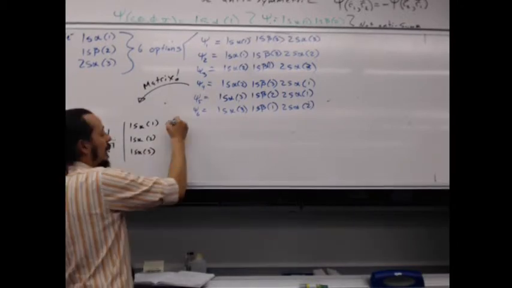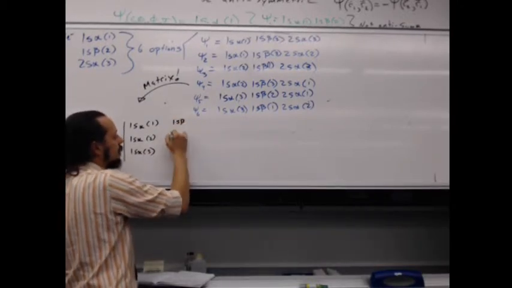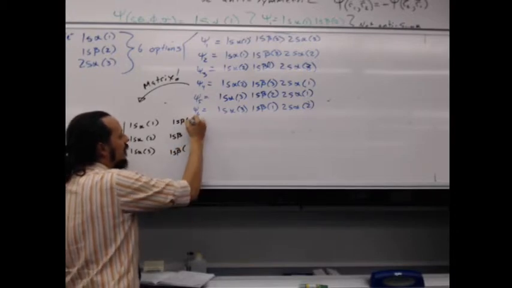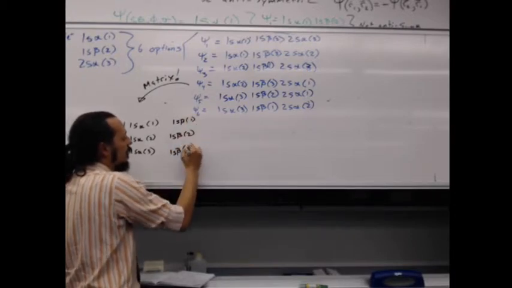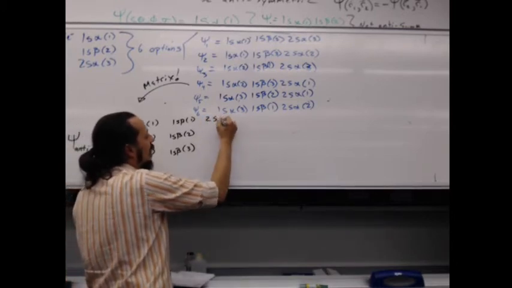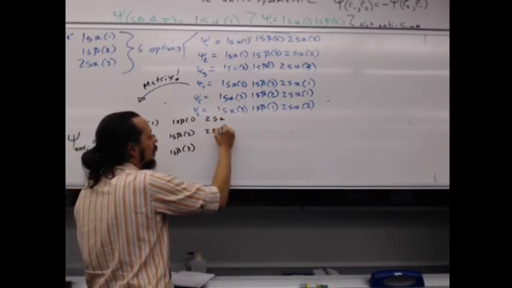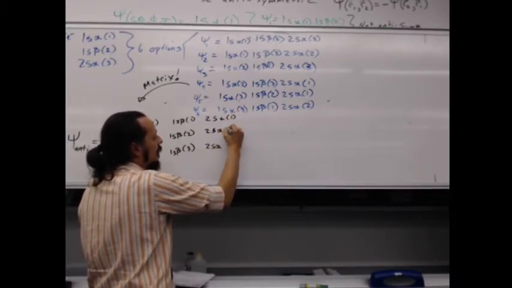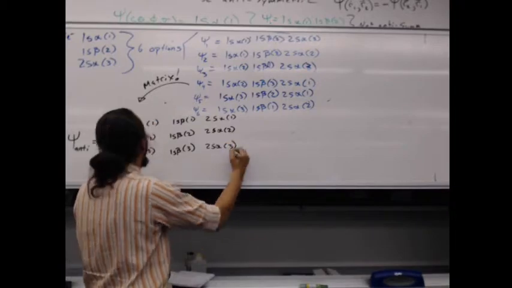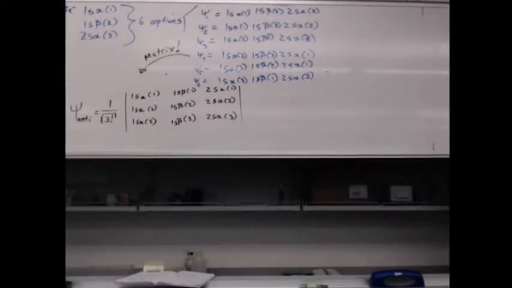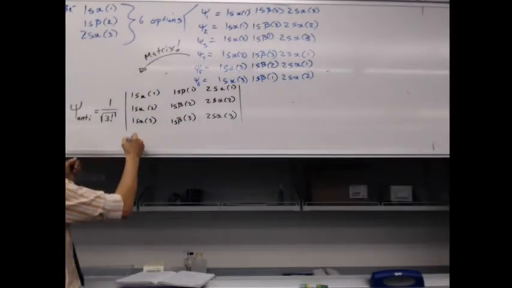Then I do my 1s betas, and it's going to be a 1, a 2, and a 3. And then I'm going to do my 2s alphas. So 1, a 2, and a 3. And my lines are not very straight, but as long as this and this is the determinant.